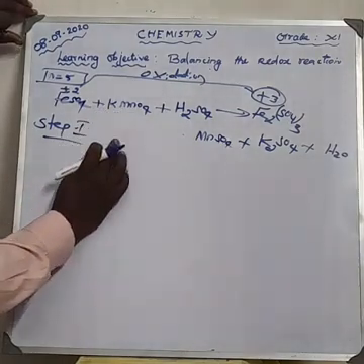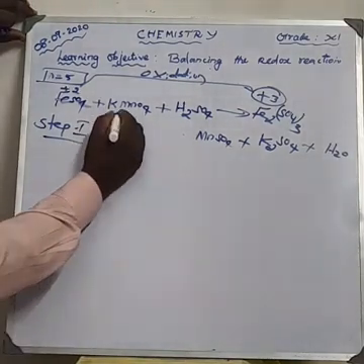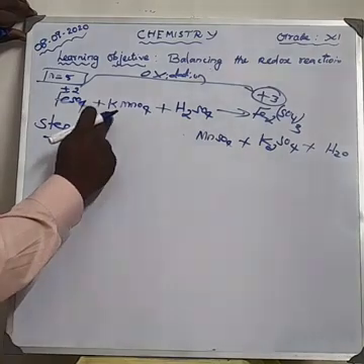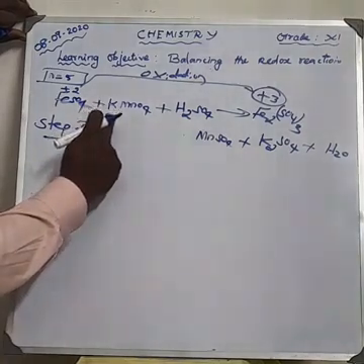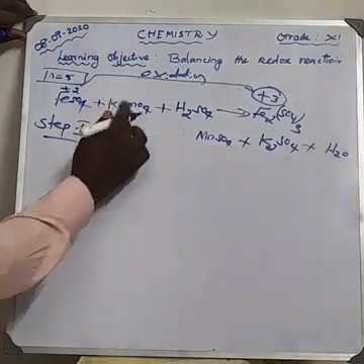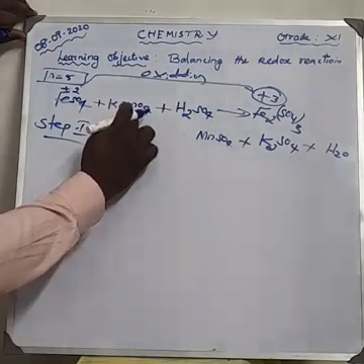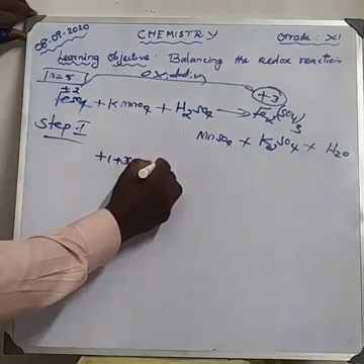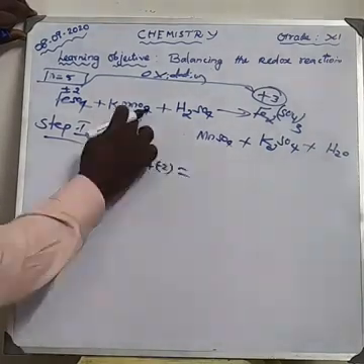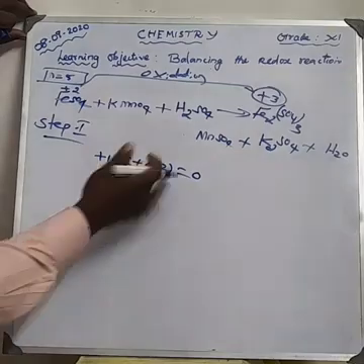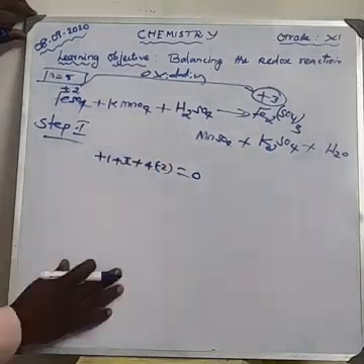Here K is an alkali metal, so we take plus 1. One potassium is there, so plus 1. Plus Mn, which we take as x because we don't know, plus oxygen, 4 oxygens, 4 into minus 2. There is no charge, so it equals 0.